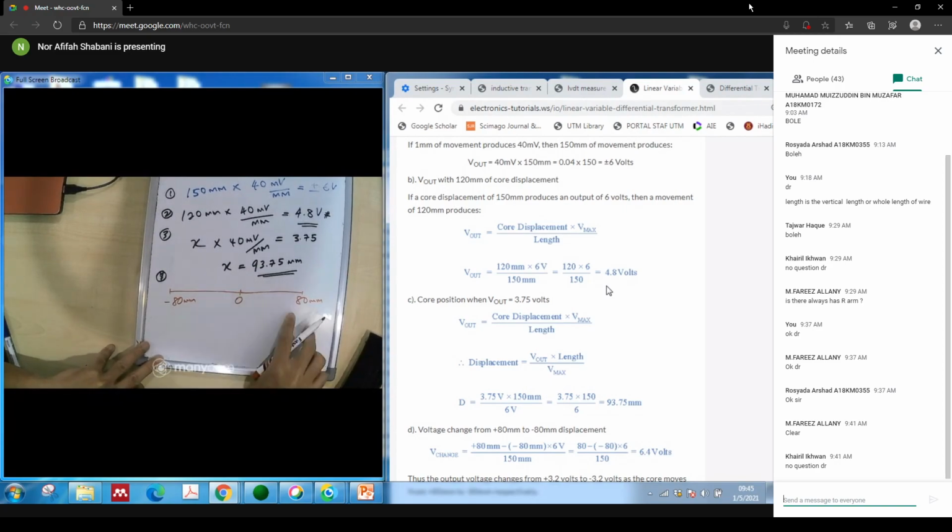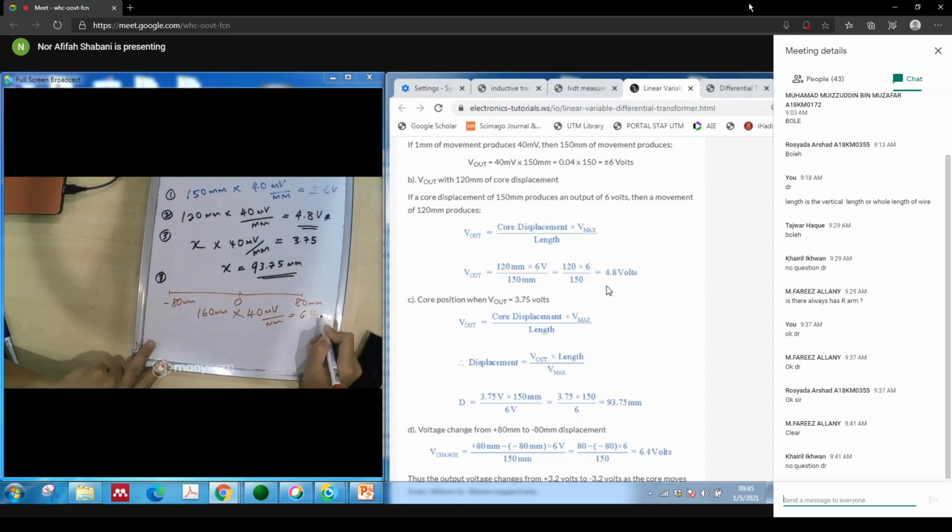So you can add 80 plus 80, so 160 millimeter. So you times with 40 millivolt over millimeter here. So 160 times 40, you get 6.4 volt.